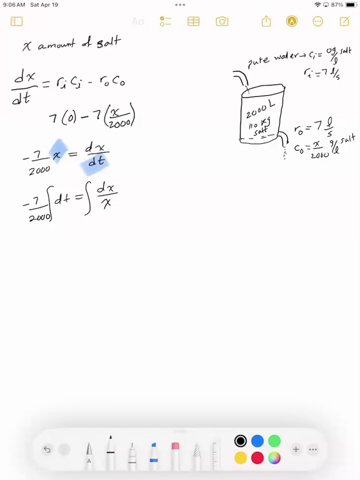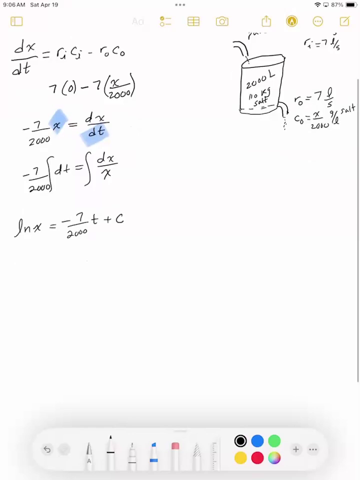I'm solving for x. I get natural log of x is equal to negative 7 over 2,000 t plus c. I didn't put the absolute value here because x is the amount of salt and it cannot be negative.